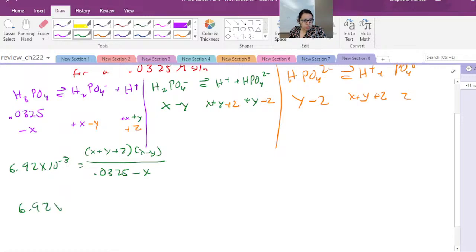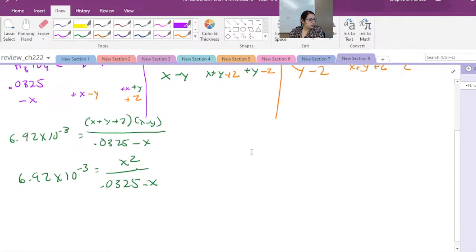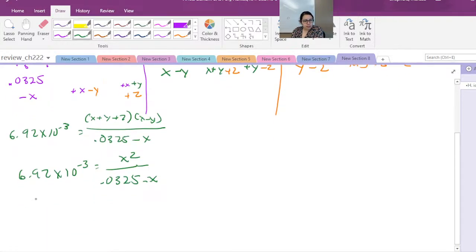That simplifies to x squared over 0.0325 minus x. We probably don't want to assume that we can get rid of the x, because it's kind of on that edge there. So we probably have to do the quadratic.